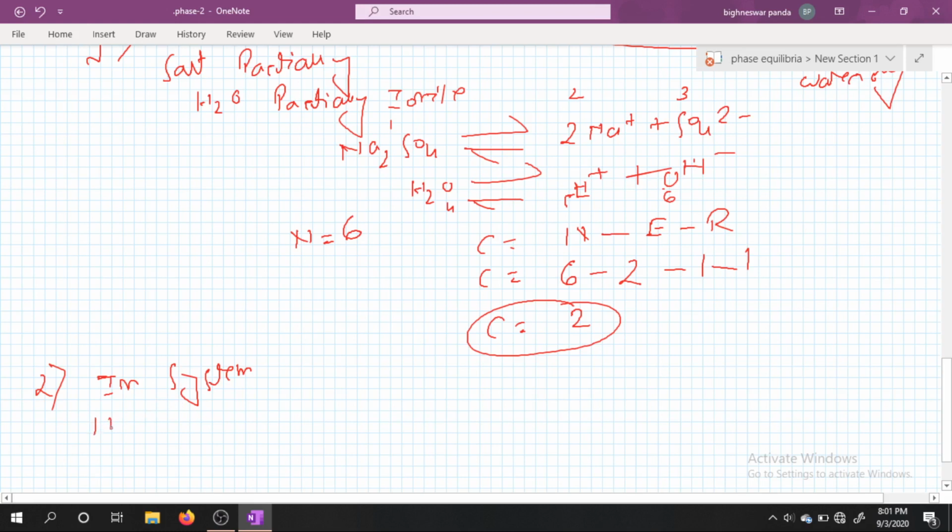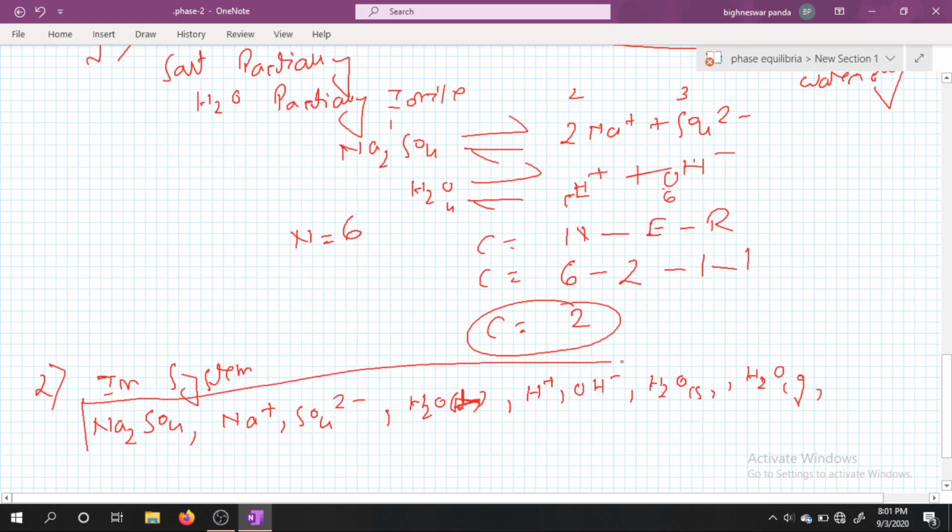Written like this: Na2SO4, Na plus, SO4 2 minus, H2O liquid, H plus, OH minus, H2O solid, H2O gas. So in a system, these types of species are present.